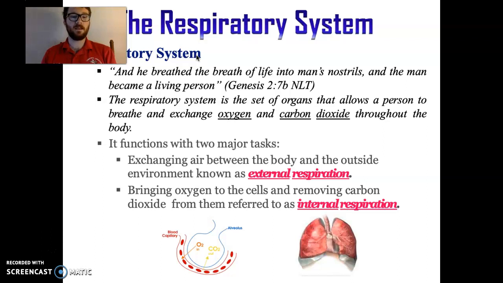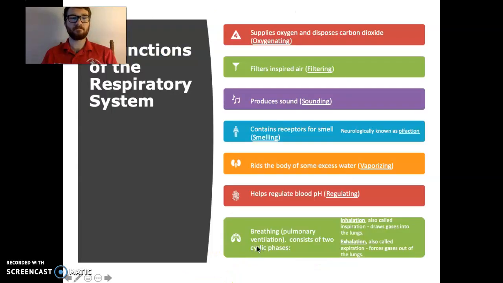And internally, your cells swap out waste for oxygen. So externally, you're dealing with the environment. Internally, you're dealing with the individual cell swapping waste for oxygen, oxygen that it needs to do what it needs to do. So this would be internal respiration.